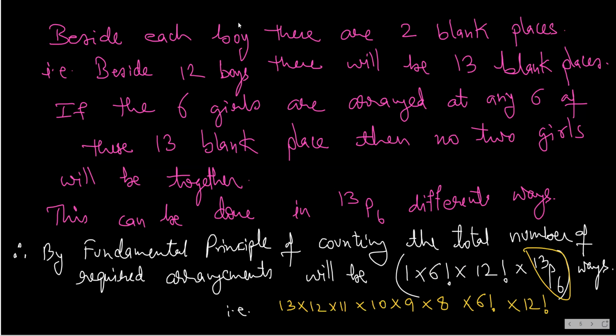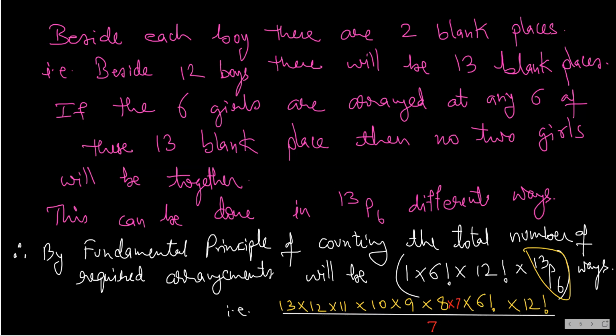Now I do a small modification here. Let me multiply 7 after 8. If I'm multiplying 7, I'll definitely have to divide by 7. You are thinking, why did I multiply by 7?